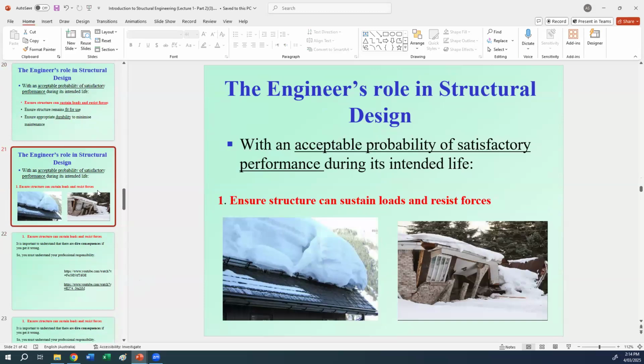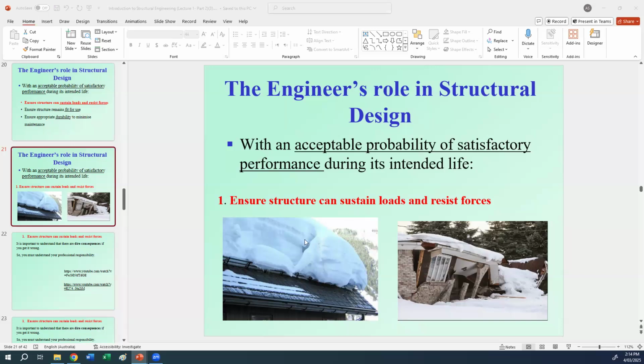Okay, so for example, the first thing we need to make sure about in the design process is that the structure should be able to sustain the load and resist the forces during its design life.